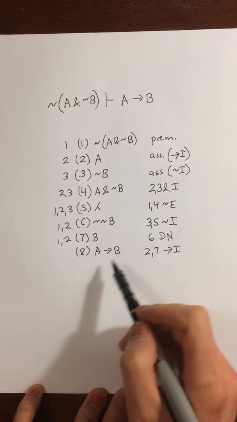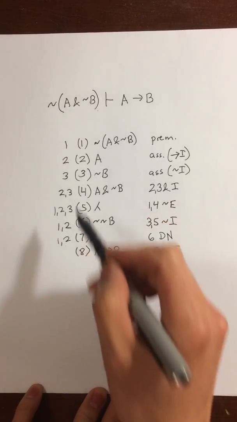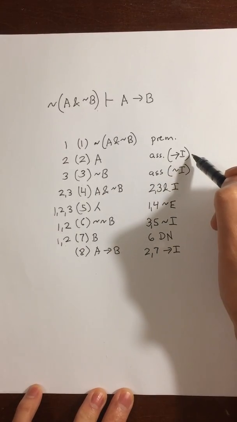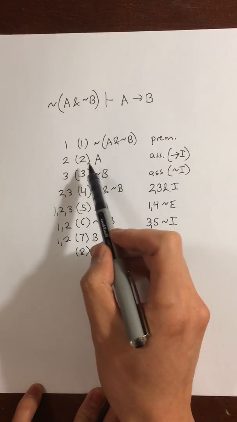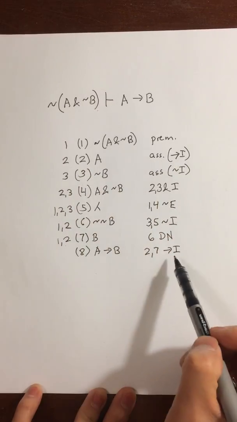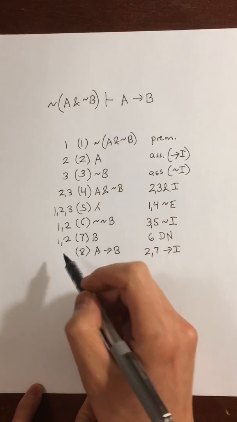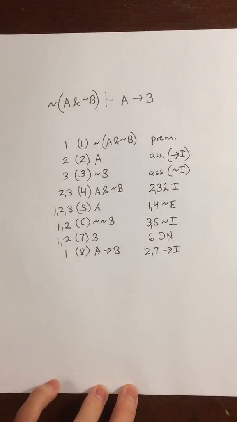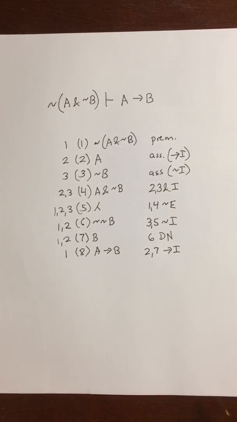The dependency numbers should come from 2 and 7, but remember that this is a discharging rule that says that if you're going to use the assumption with this rule, you must discharge this line. So the dependency number should be only from 1. Okay, so that covers the basics of negation elimination, negation introduction, and double negation.